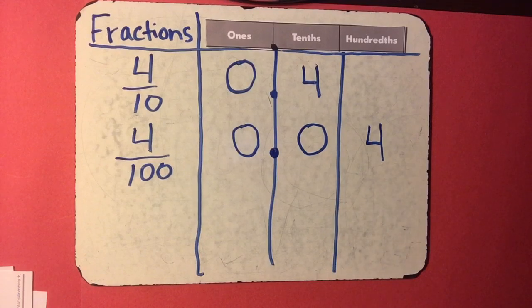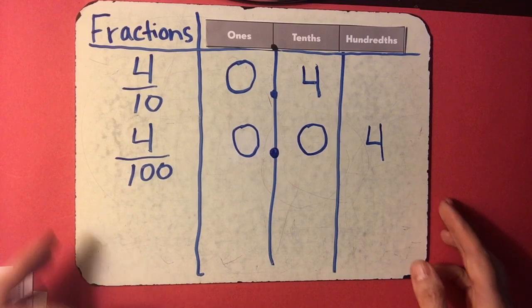Or you can use it if you want the support of the chart. That's fine too. I'm going to read to you a fraction and a decimal, which are the same thing, and then I want you to write them down. You can use the chart or you can do it on another piece of paper. I'll show you the answers in just a minute.